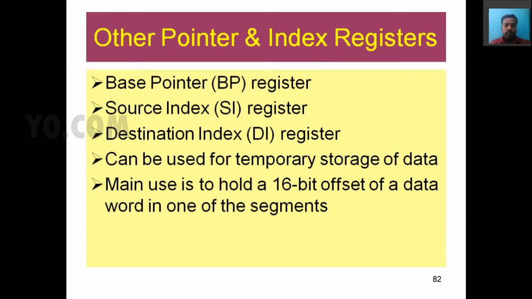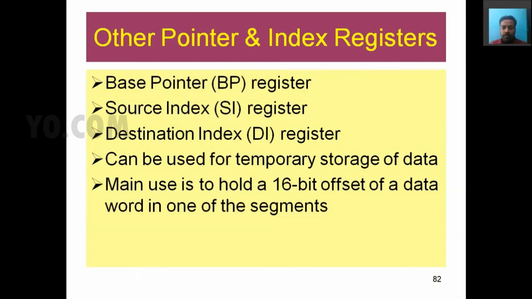These three registers are 16-bit registers. They can store the address of data in memory, and can be used for temporary storage of data. The main use is to hold the 16-bit offset, another name for the 16-bit address of the data word in one of the segments.